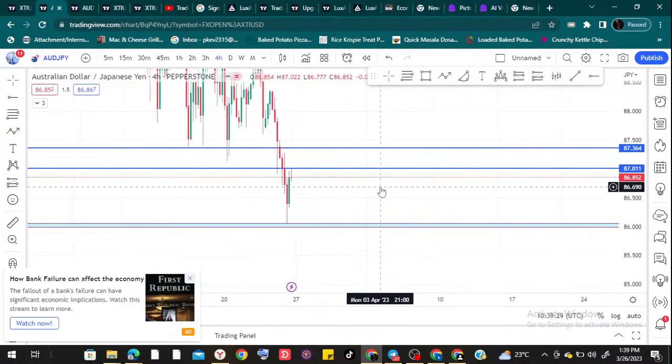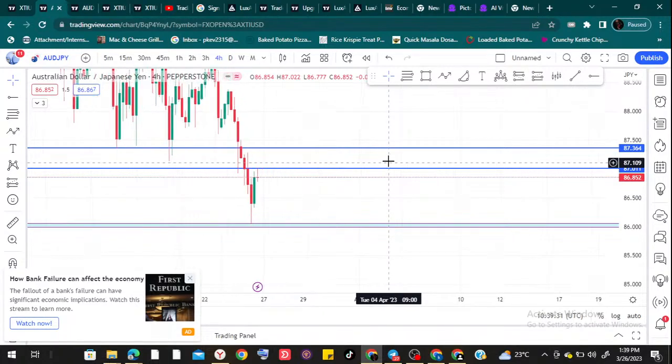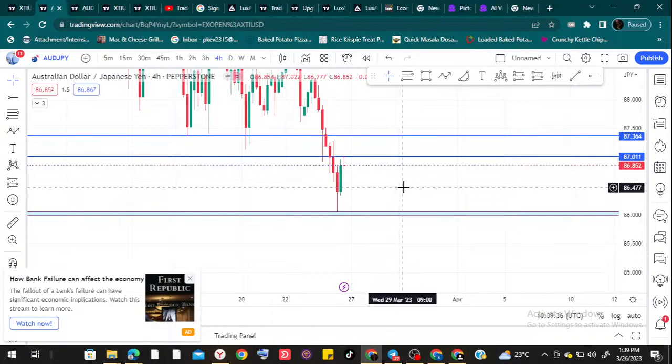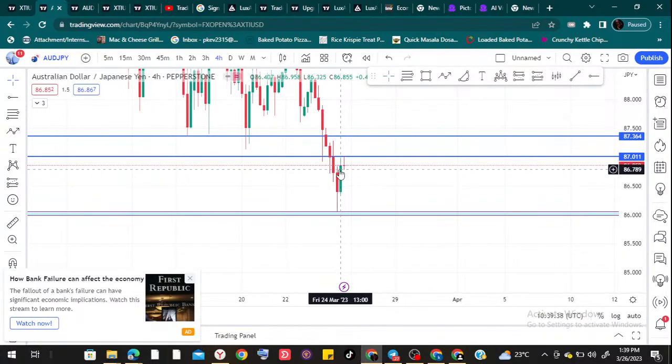And you can see what happened. Yesterday was Friday. Yesterday the Audi GPY was kind of bullish for quite some time. You can see this candlestick is for 4 hours. Like for the last 4 hours the market was bullish. Yeah, so the market came down and you can see it retested this zone, forming this candlestick over here.